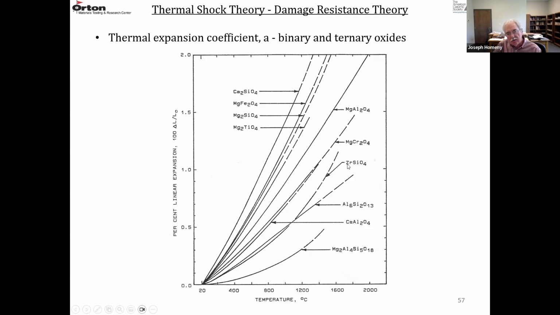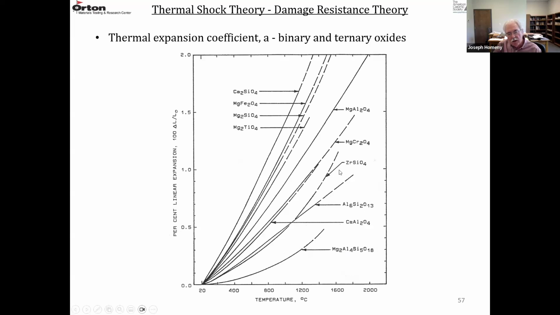So these compounds, common refractory materials, are also fairly high. This one, Al6Si2O13, is mullite. It's getting lower, so mullite has some advantages for thermal shock. And then this is the cordierite, the magnesium aluminosilicate. It's pretty low, but again, it's only useful to about 1200 C.